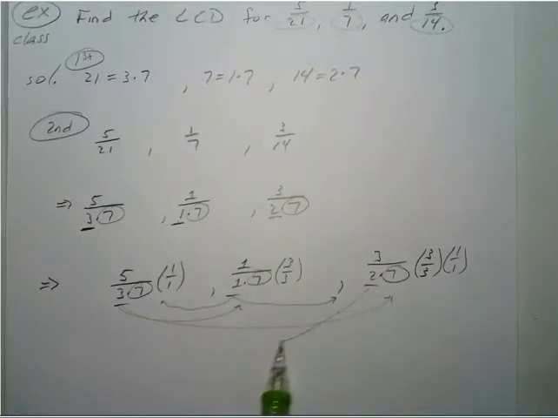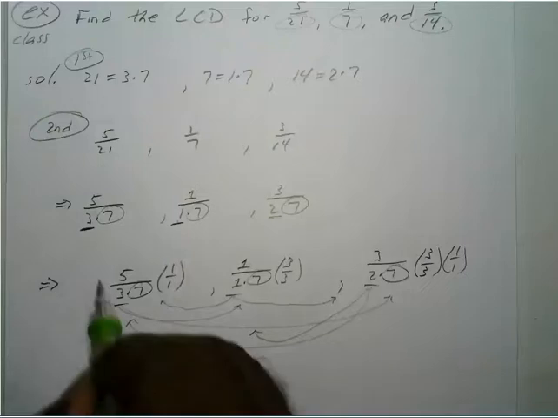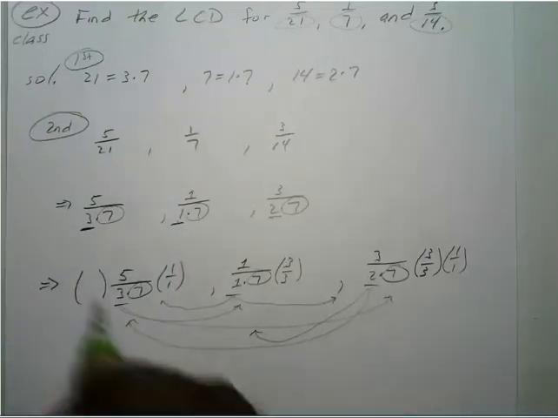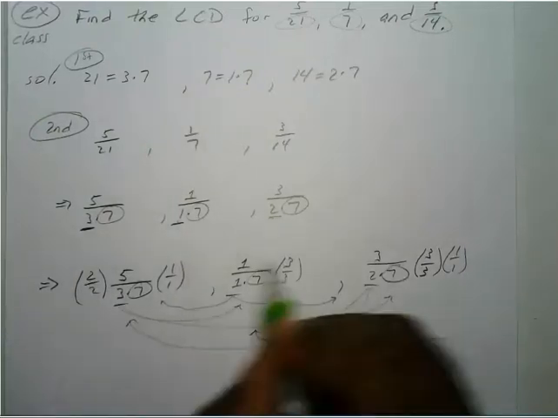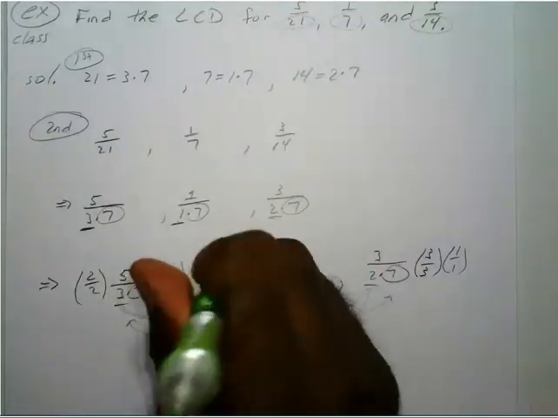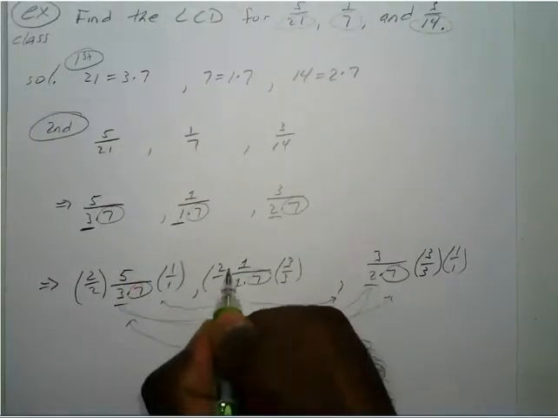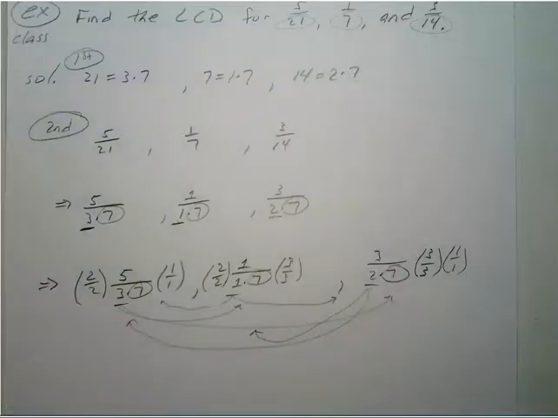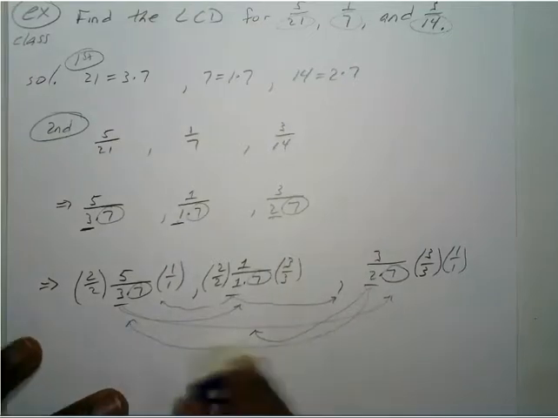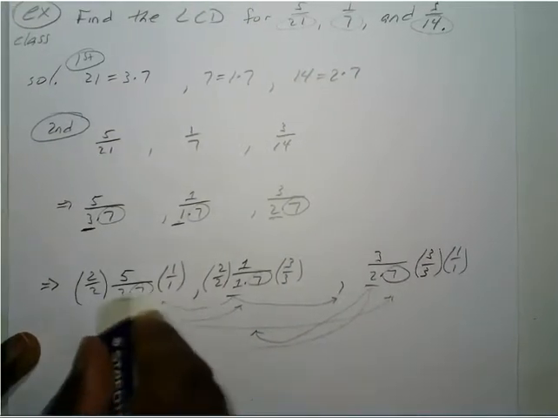So this 2 gets multiplied to that fraction and that fraction. Doesn't matter which side. So you get 2 over 2. And we make a little more room. And 2 over 2. All right, so I'm going to go ahead and erase all of these arrows just to avoid some of the confusion.